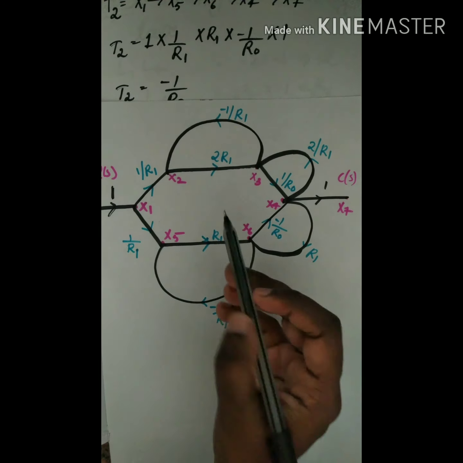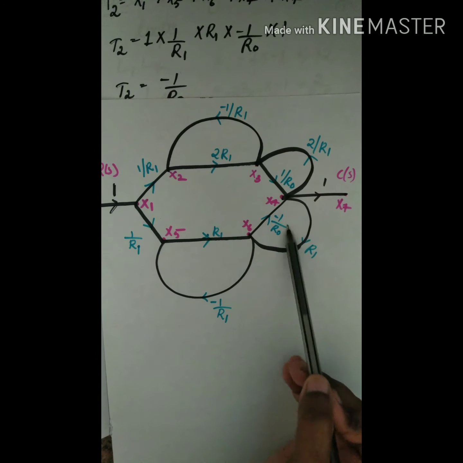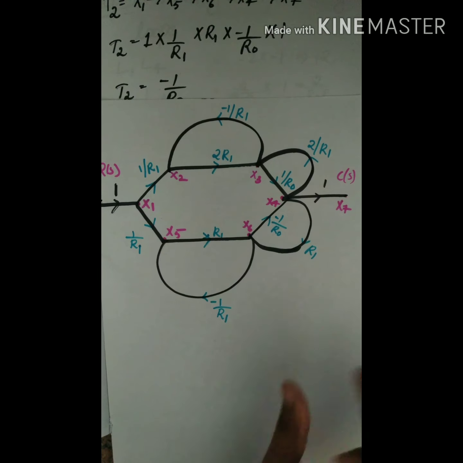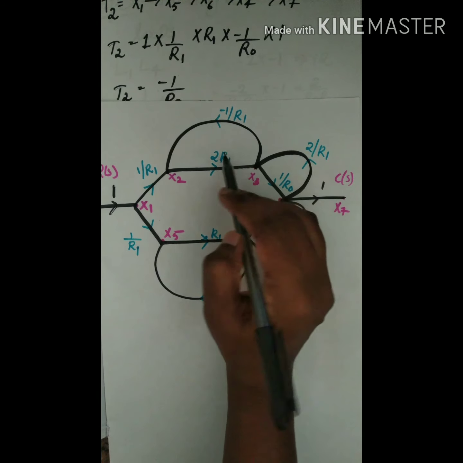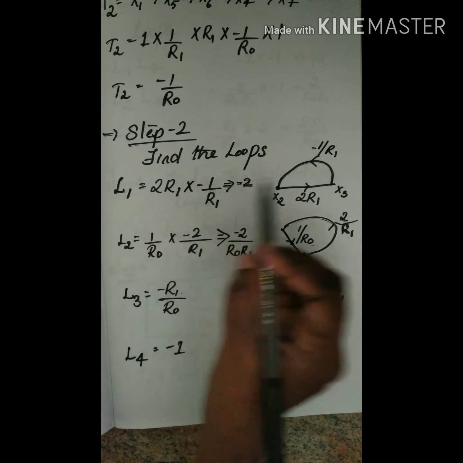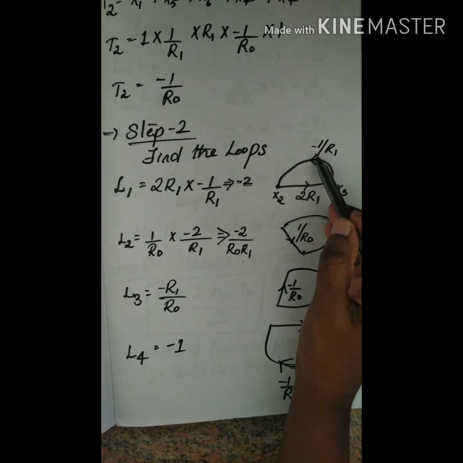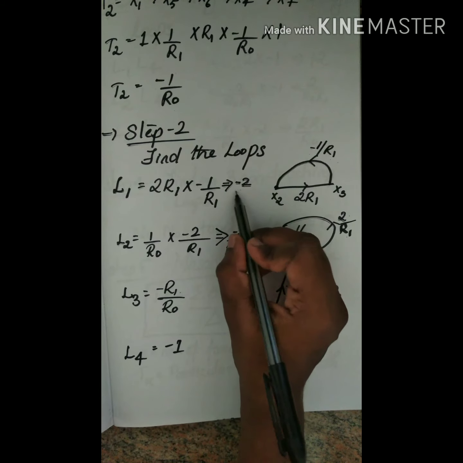The next step is to find the loop gains. Now let me consider these as the first loop, second, third and fourth. For the loop gains, you have to multiply the gains here. For the first loop, it's 2r1 into minus 1 by r1 and it results in minus 2.